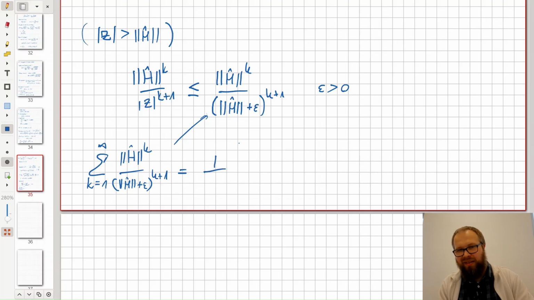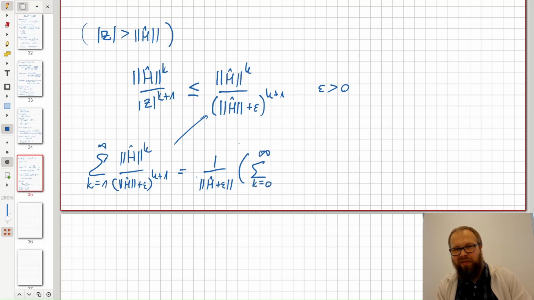So let me pull out the excess power of the denominator, so that I have a sum over k going from 0 to infinity of norm of H divided by norm of H plus epsilon, something that's smaller than 1, to the power k.